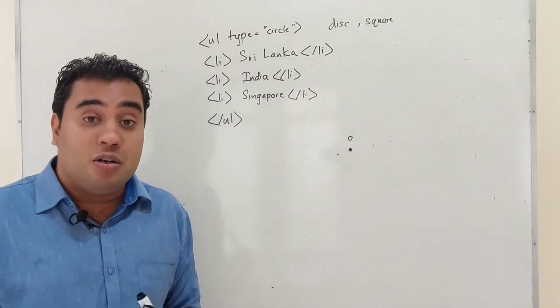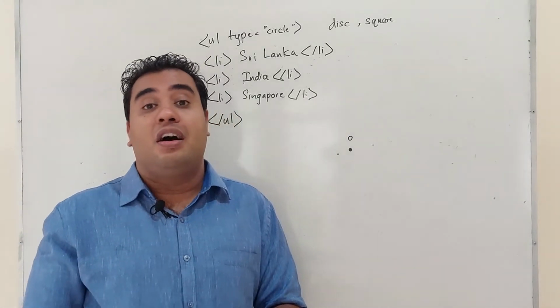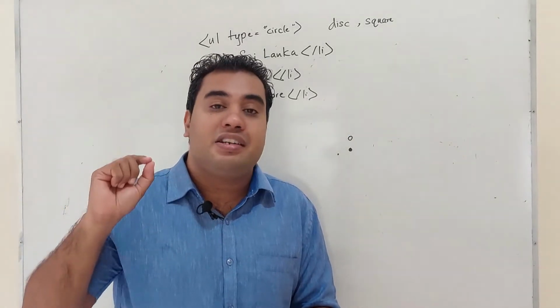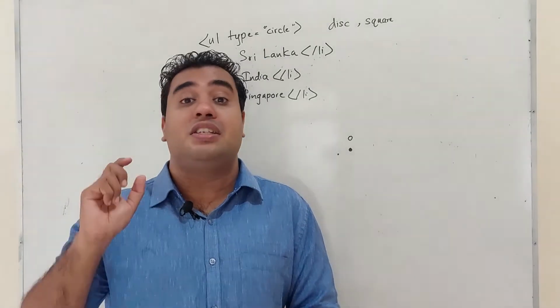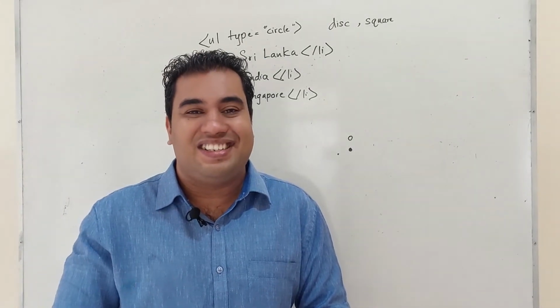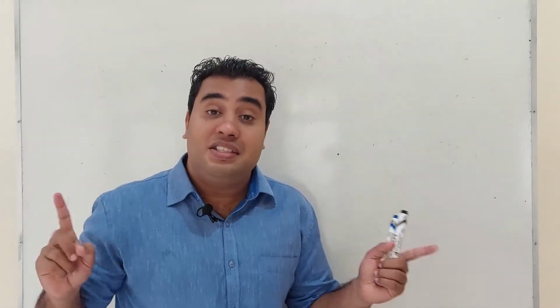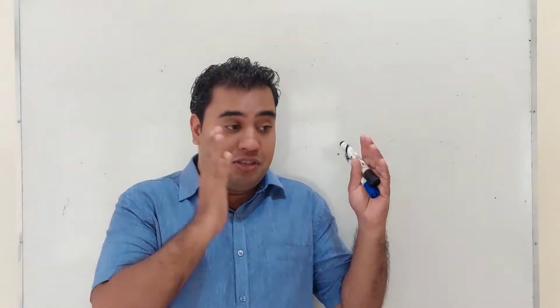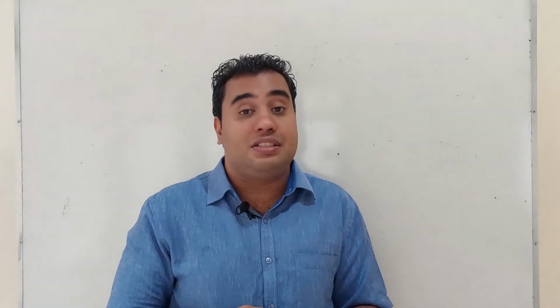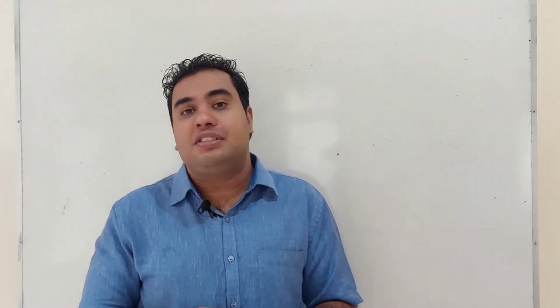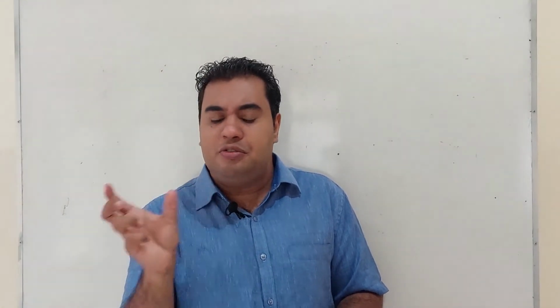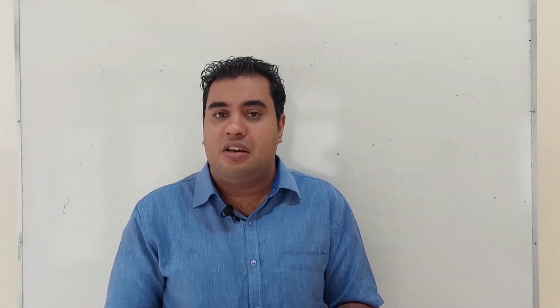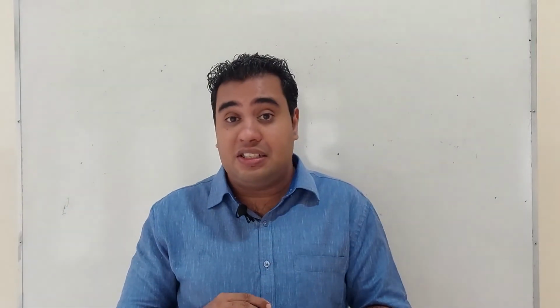Now let's move on to the next type of list, which is called the definition list or the description list. This is very different compared to the ordered list and unordered list. In definition lists, we find 2 types of items. We don't find list items in these.